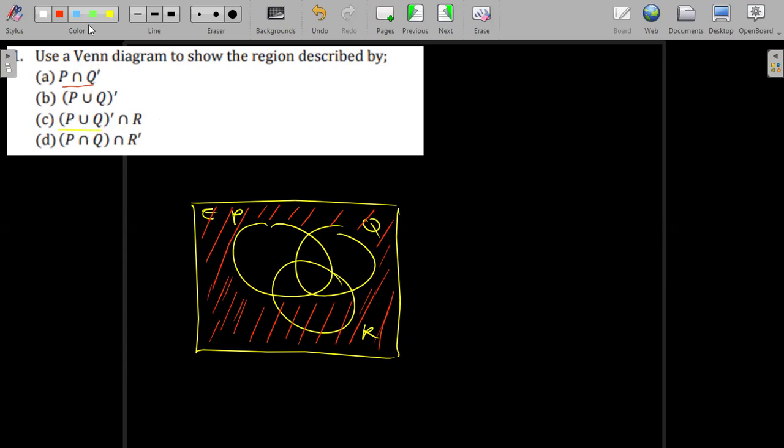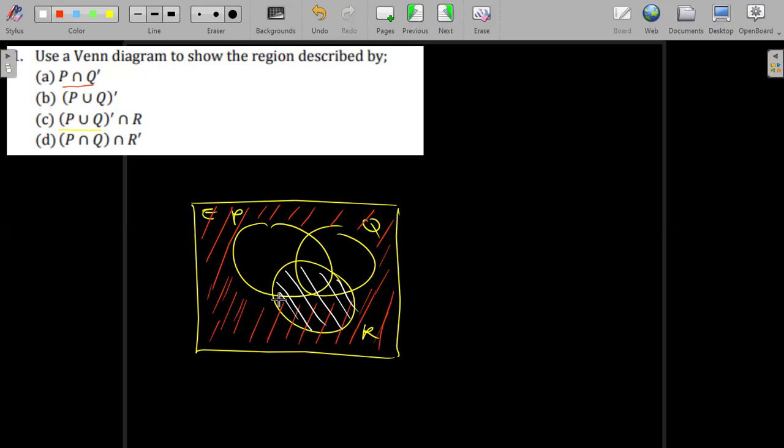Then they're telling me intersection R. So I have to check where this intersects with my R. So I shade my R. I'll use the lines going this way. I shade my R like that. Then I check from this entire diagram where these lines crisscross.